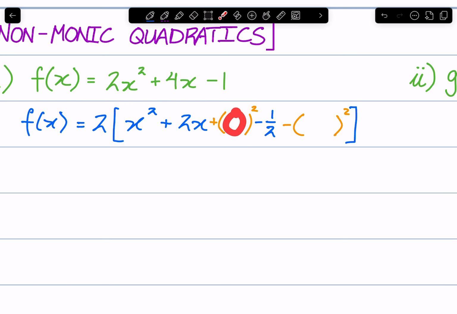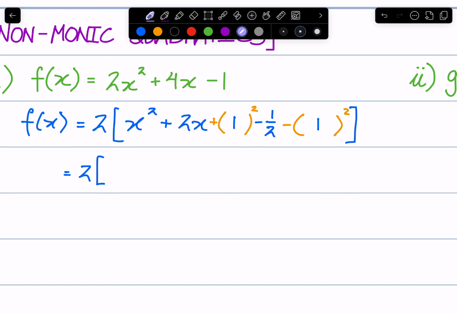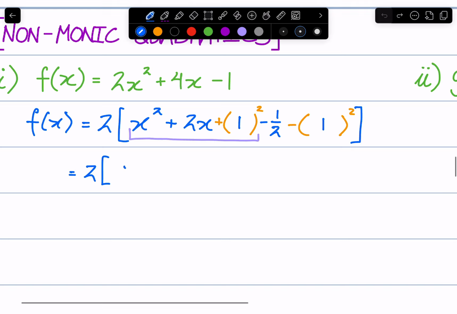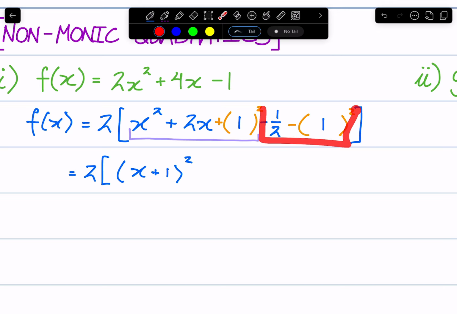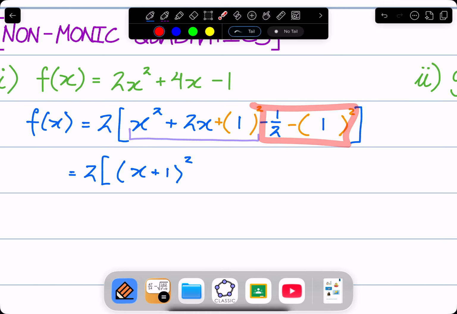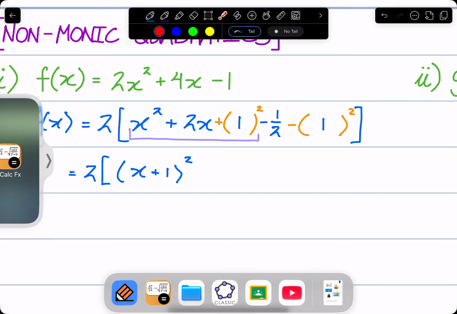The number that goes in here is always going to be half the coefficient of x, so in this case 1, and same for this one. So 2 brackets. And now this portion, I'll do this in purple, this portion can be factored into x plus 1 all squared, and this portion can just be evaluated on the calculator or in your head, whichever is easiest.